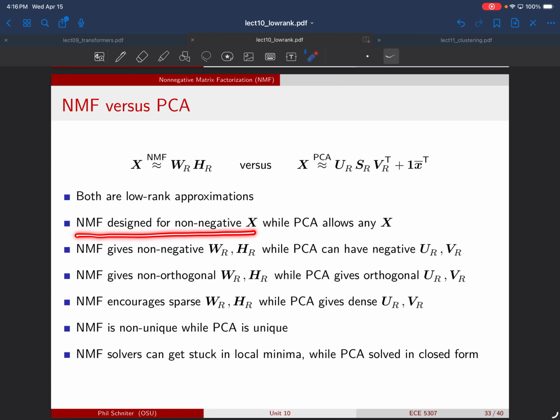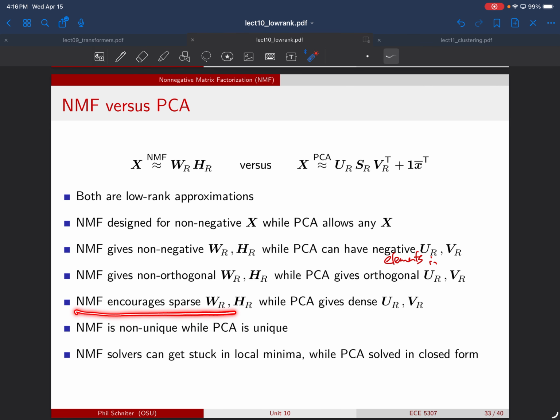NMF can only be applied to a non-negative matrix X, whereas PCA, or SVD, can be performed on any X. Non-negative matrix factorization gives you non-negative factors, whereas PCA can have negative elements in its factors. NMF will give you non-orthogonal columns and rows, whereas PCA gives you orthogonal columns and rows.